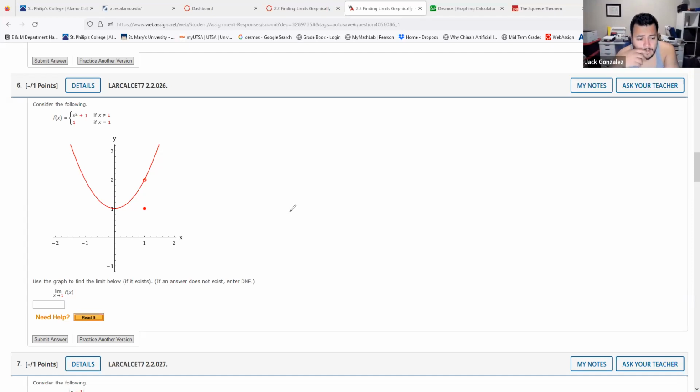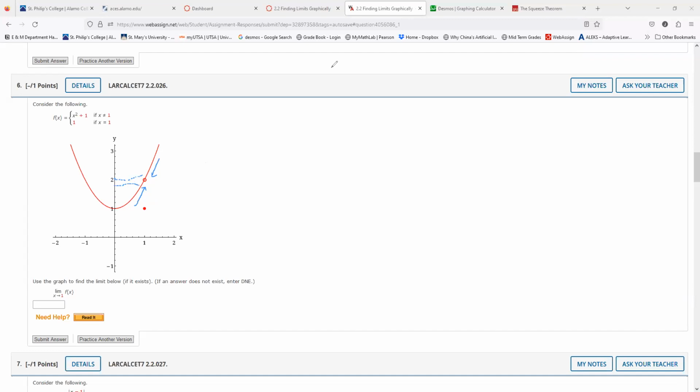So the limit of this function f as we approach 1, here's 1, right? As you get closer and closer to 1, what are the y values getting closer to? 2, I guess. Looks like 2. Just that I can't draw very good.